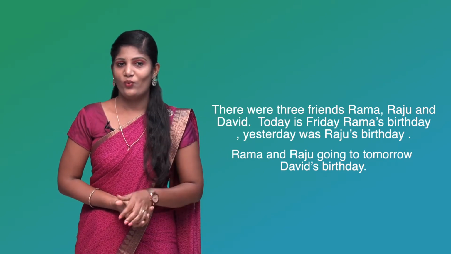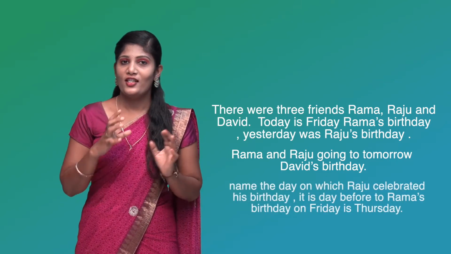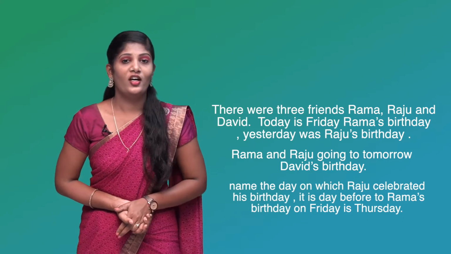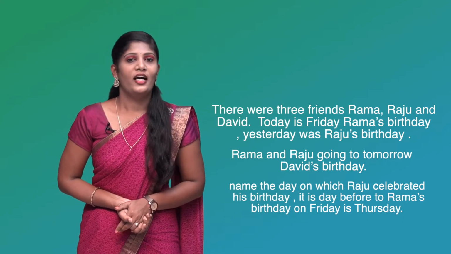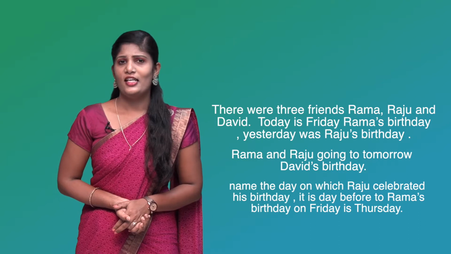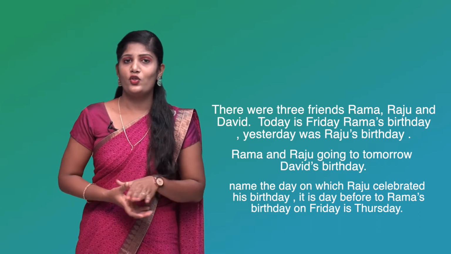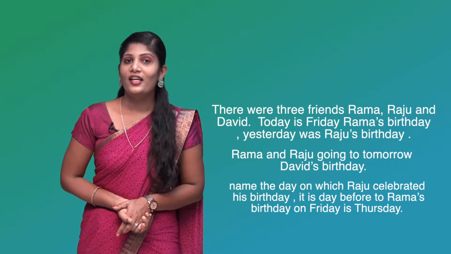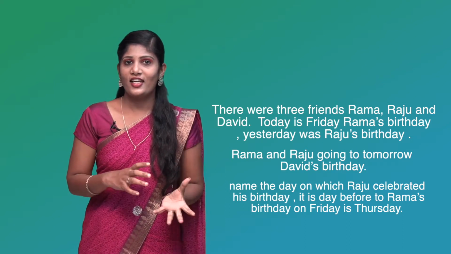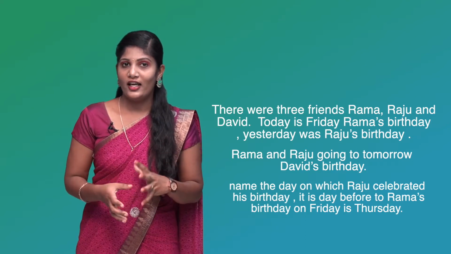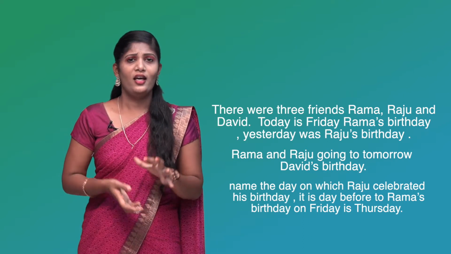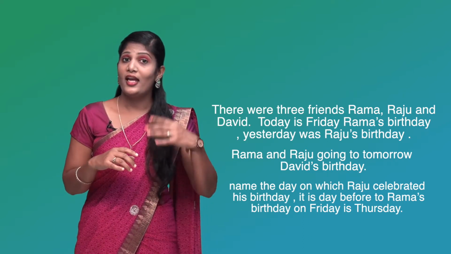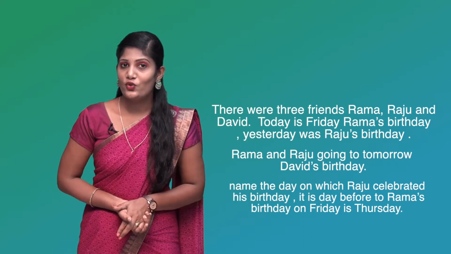Now I will ask one question. Name the day on which Raju celebrated his birthday. Then tell me on which day Raju celebrated his birthday. Yes, it is Thursday, because on Friday Rama celebrated his birthday and he went yesterday to Raju's birthday.